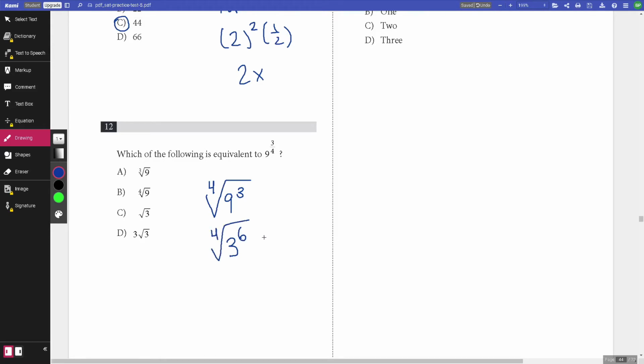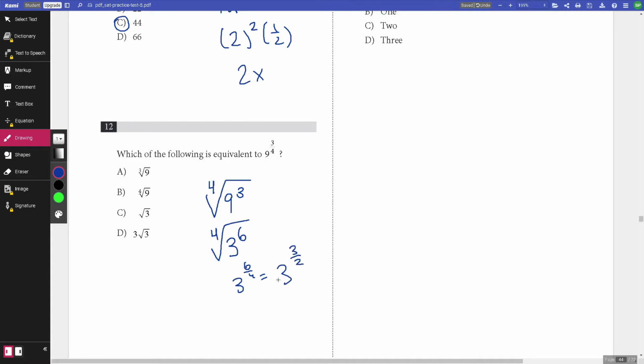So when you write it as that, then you can simplify this, 6 over 4, so it equals 3 to the power of 3 over 2.